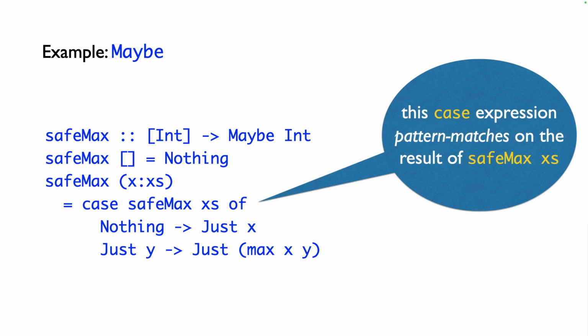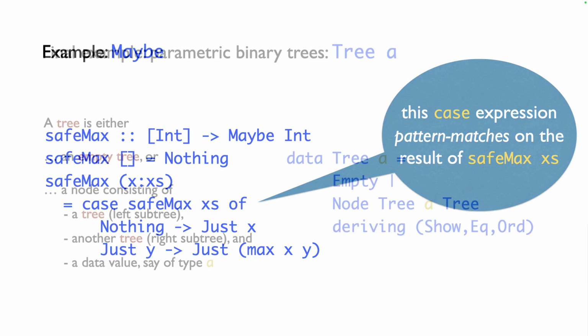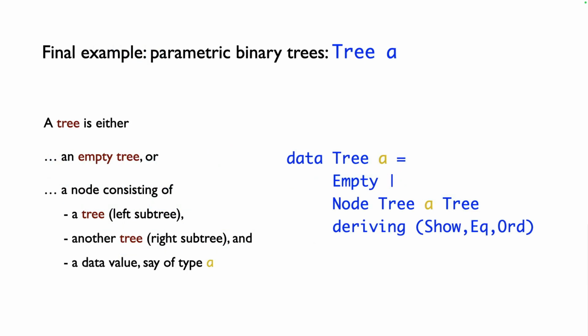Okay, good. A final example, we could make our binary trees parametric as well. And it's a trivial change that we have a parameter a to the definition, and instead now of storing a value of type Int at the node, we store a value of type a.